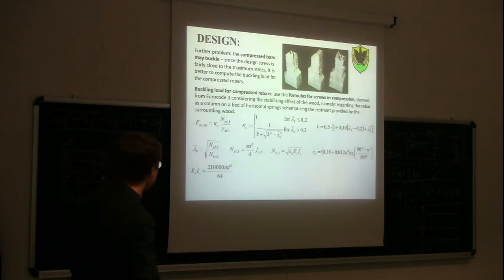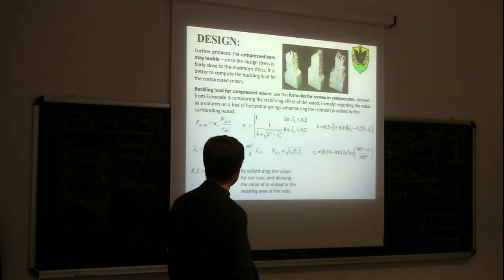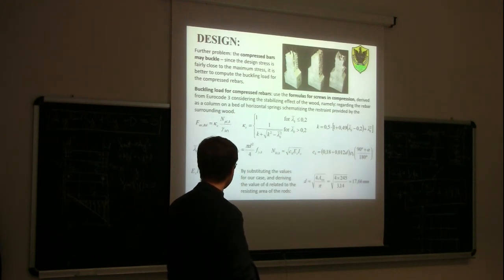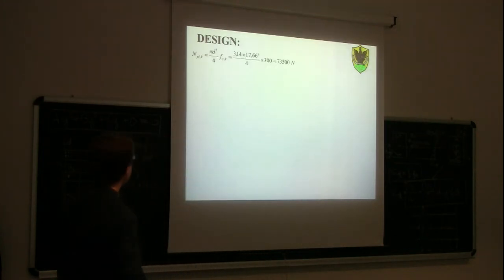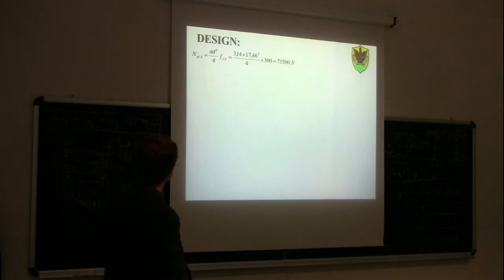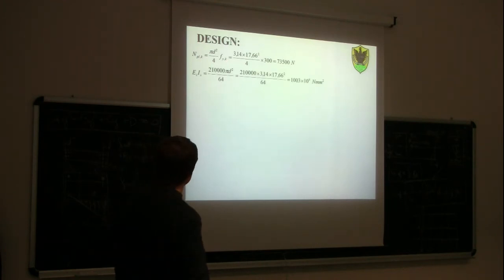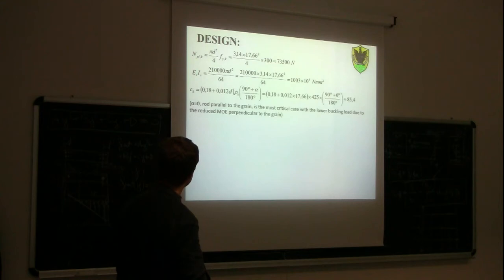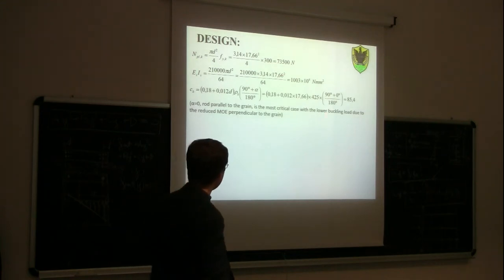If we replace these symbols with the numerical values in our case, we can calculate the equivalent diameter of the rod, 17.66 mm for the resisting area of the rod, then the plastic capacity, the flexural stiffness of the rod, and then we get this value of CH equal to 85.4.